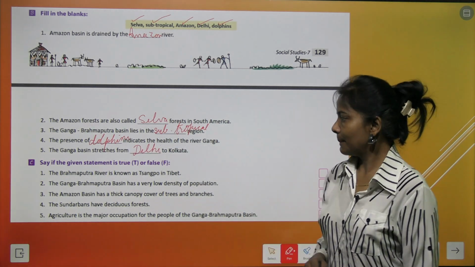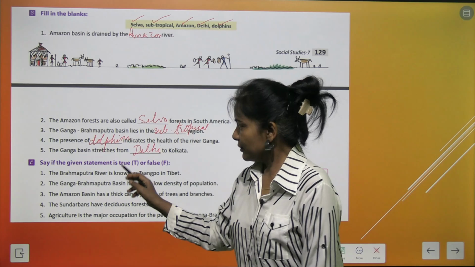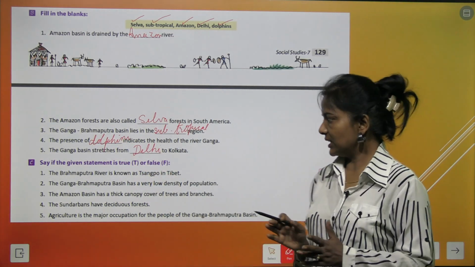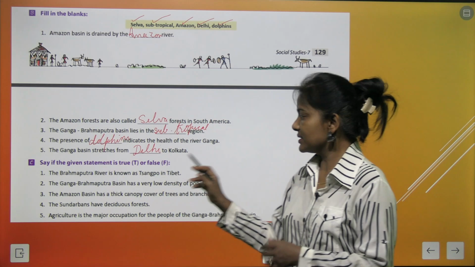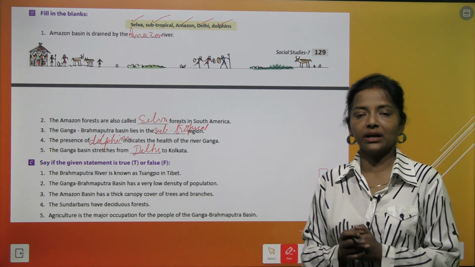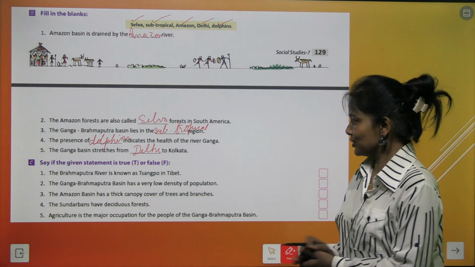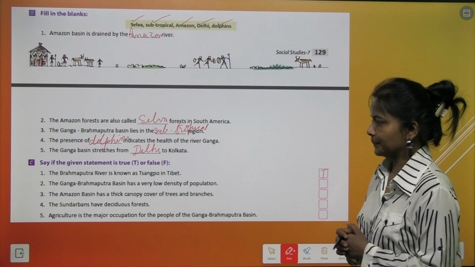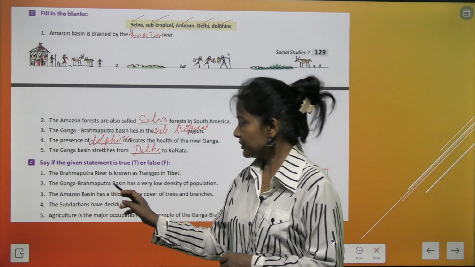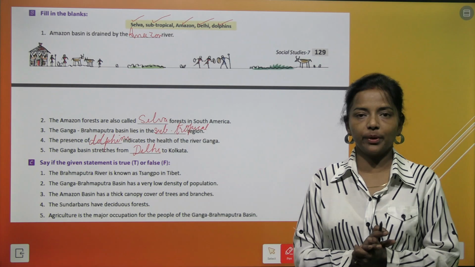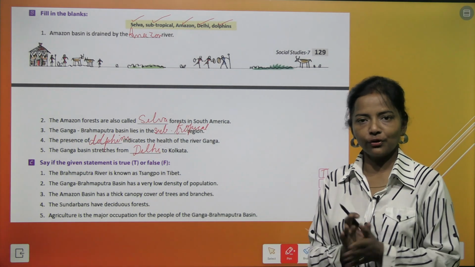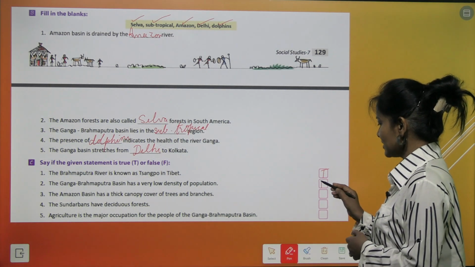Fine? Now, say if the given statement is true, T, or false, F. The Brahmaputra river is known as Sangpo in Tibet. Yes, this is true. Write down T here.